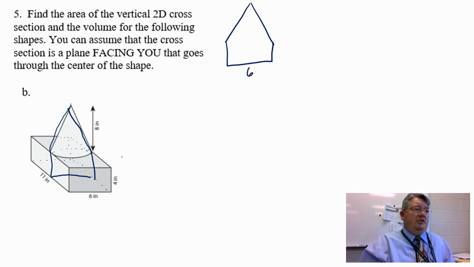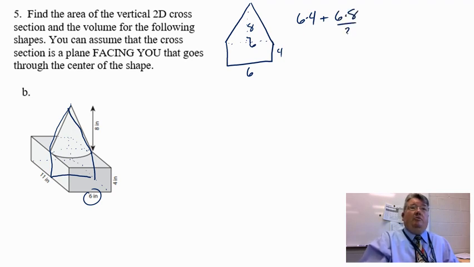And this would be 6 inches from right there. This would be 4 inches from there. And it says this is 8 inches tall. Okay, so the cross section is the rectangle, which is going to be 6 times 4, plus the triangle, which is going to be the base, which is also this 6, because that's the base of that triangle, times the height, which is 8, all divided by 2.